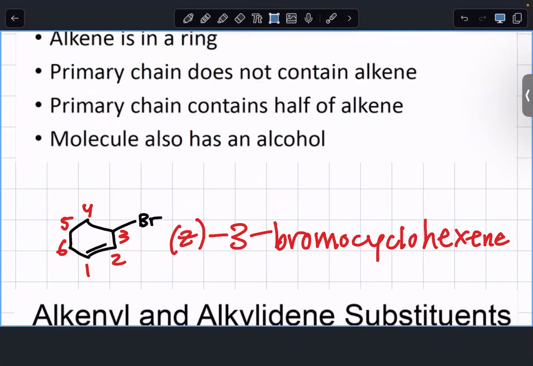Let's see, this carbon, that carbon. Yeah, you would have to say E in this case, because the two highest priority groups are on opposite sides.